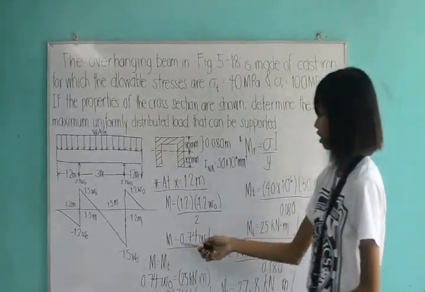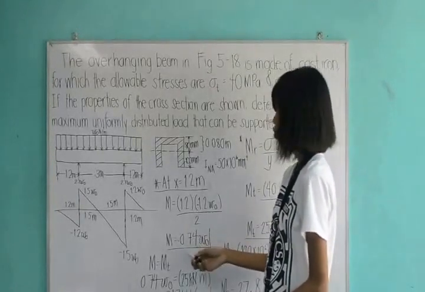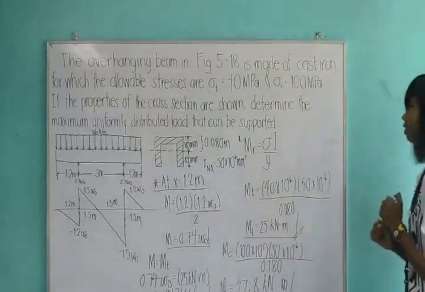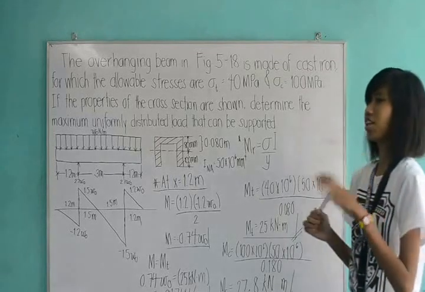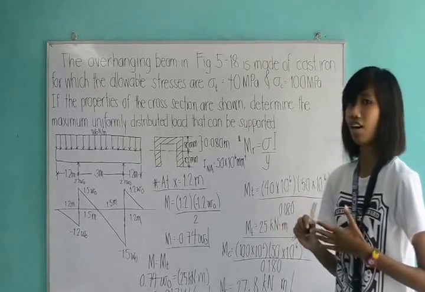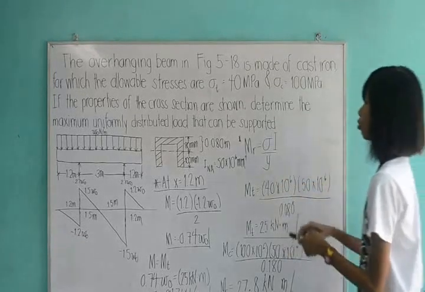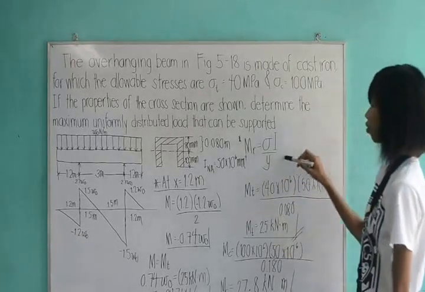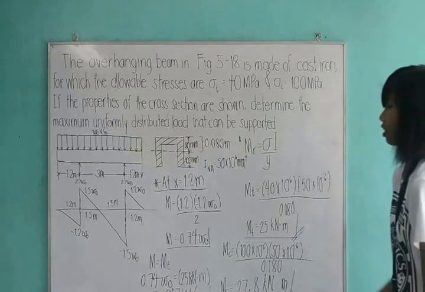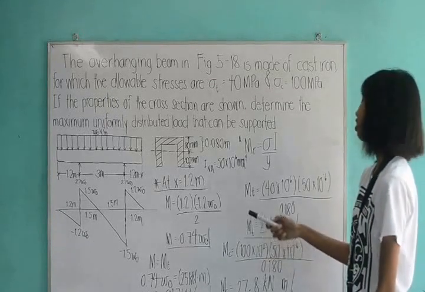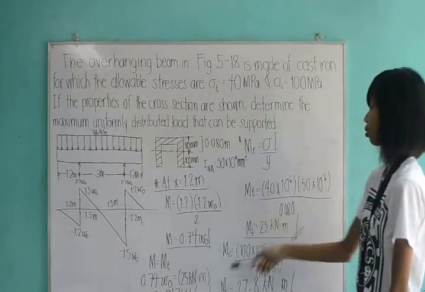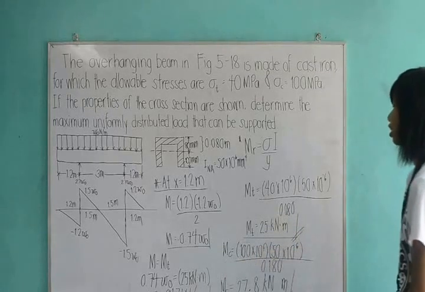The negative sign in the bending moment determines that the tension is on the upper fibers. So by using the resistive moment formula, which is stress times I over Y, we can get the moment tension and the moment compression.